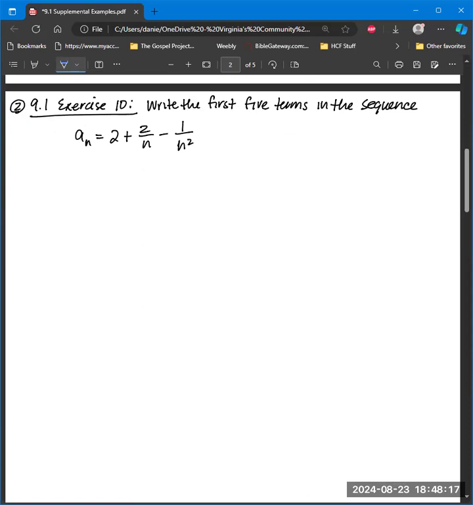Let's write the first 5 terms in this sequence, where a sub n is equal to 2 plus 2 over n minus 1 over n squared.